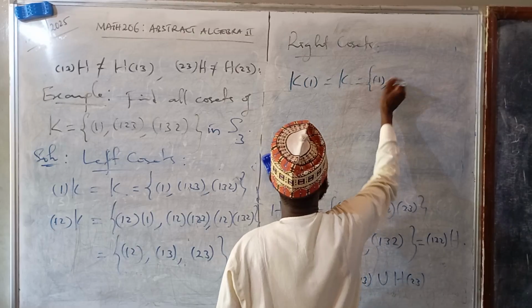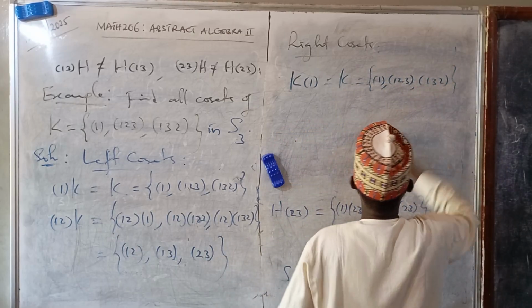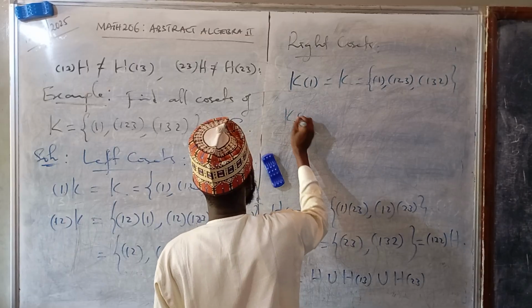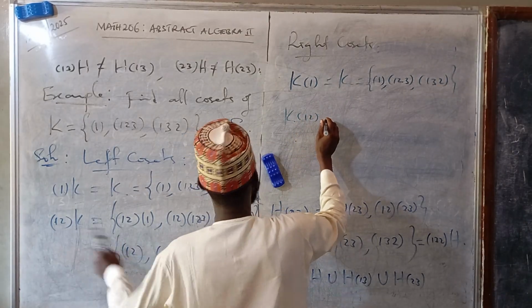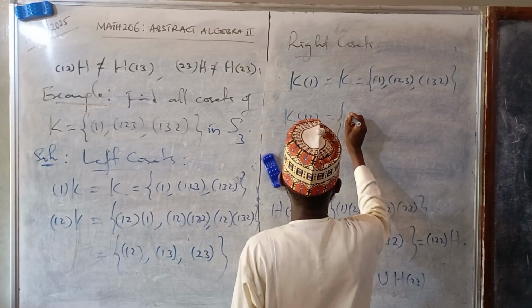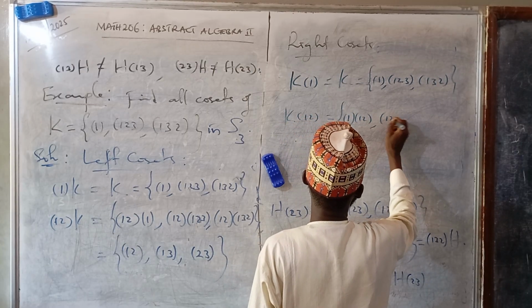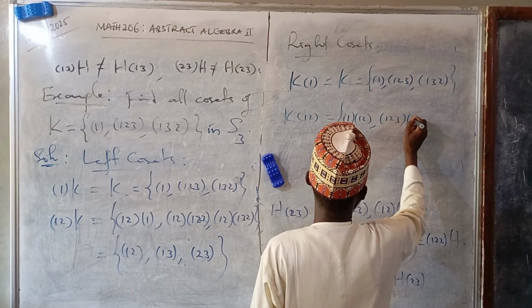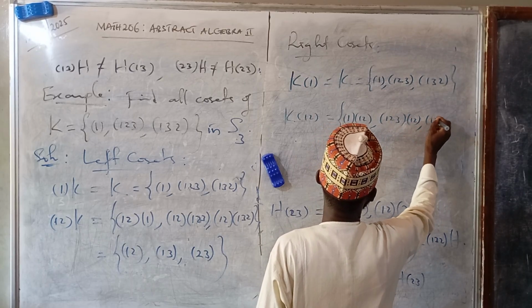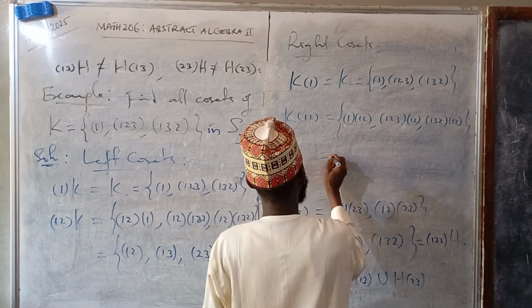And K is {1, (1 2 3), (1 3 2)}. Is that okay? And then we can use still (1 2), that same element, to generate, and that will give us what? The right coset: 1·(1 2), (1 2 3)·(1 2), (1 3 2)·(1 2).